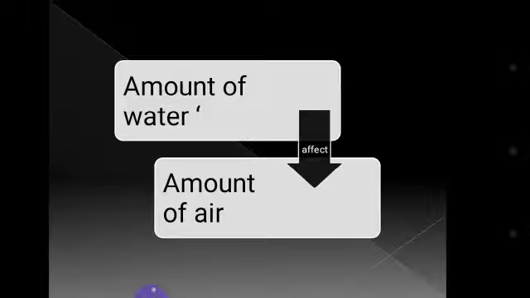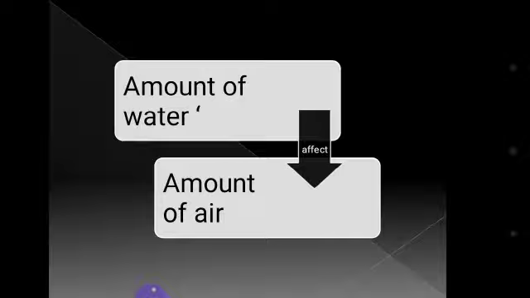The amount of water in soil is closely linked with the climate of the region. The amount of water in any type of soil can affect the amount of air trapped in the soil. For example, very wet soil like that of a wetland contains very little air. That is, wet soil contains little air.